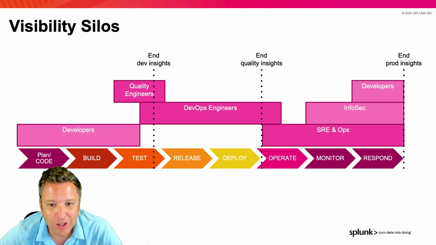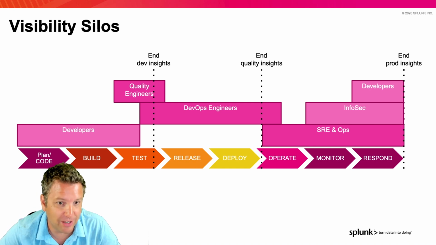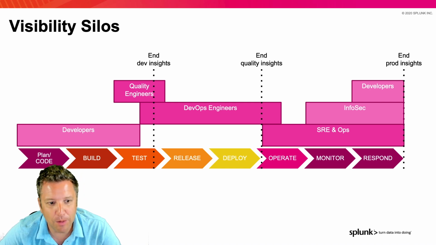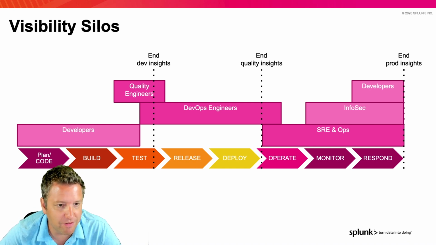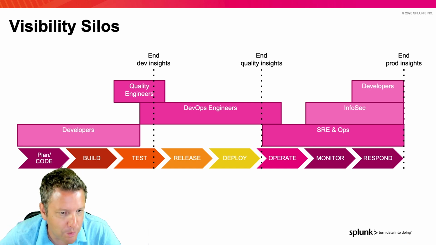Well, to start, let's look at how most organizations treat visibility. They look at visibility in silos, and this might not be intentional, but it's certainly not intentional to blend the silos together. Developers do a really good job at creating visibility in their sphere using something like maybe Prometheus.